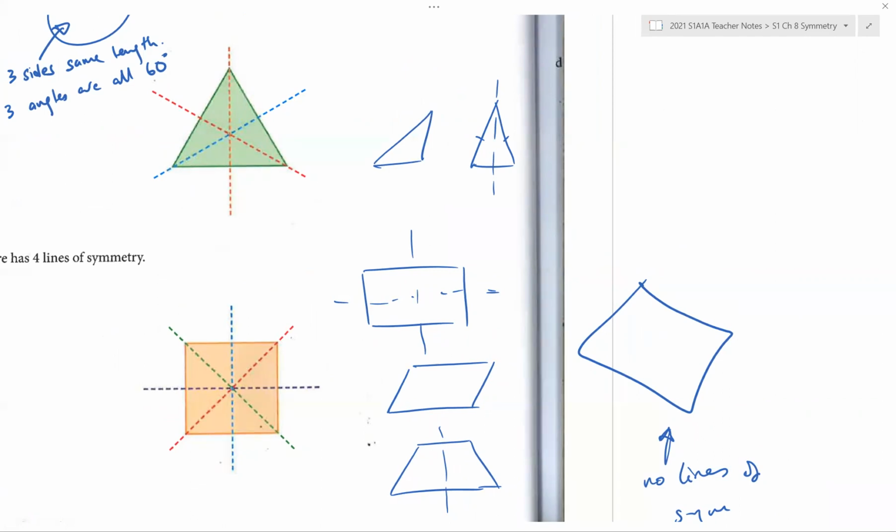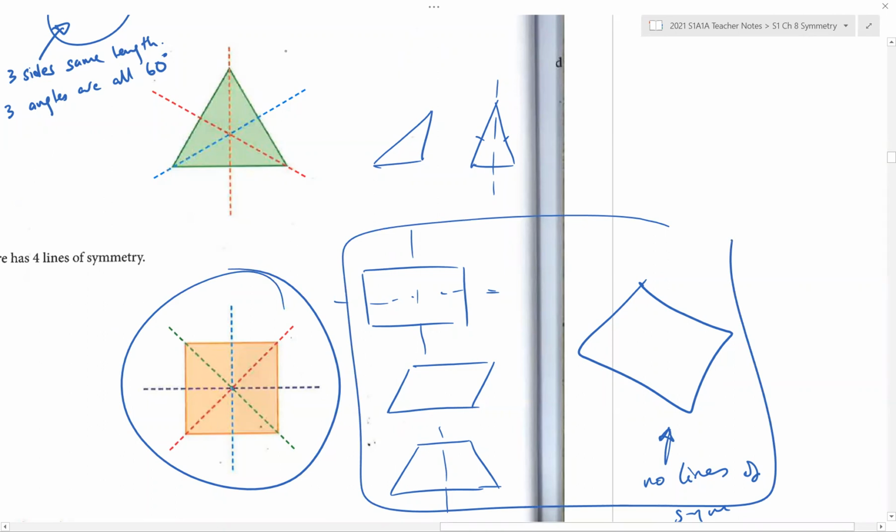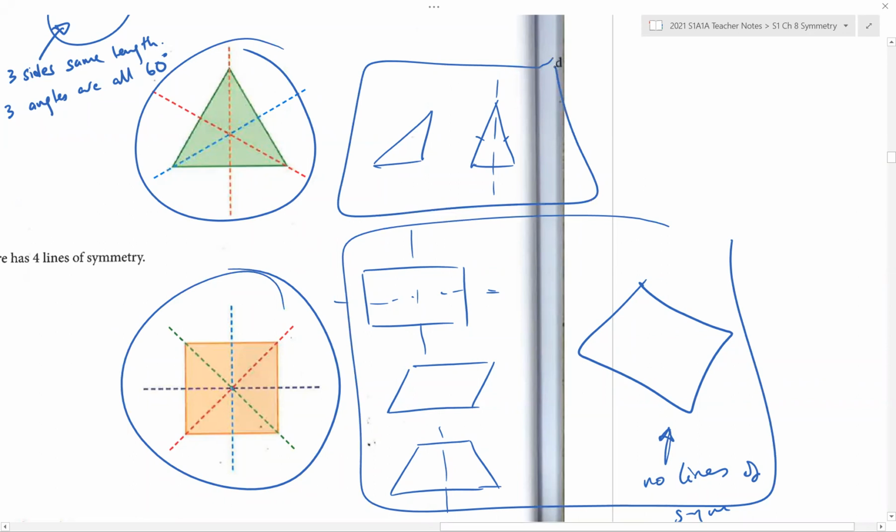So what is so special about a square compared to all the rest? What is so special about the equilateral triangle and the square compared to their counterparts? Anything special about them?